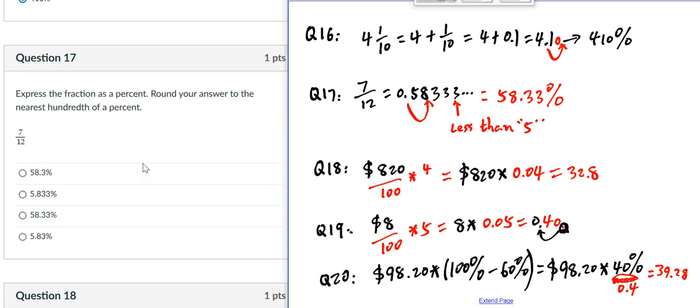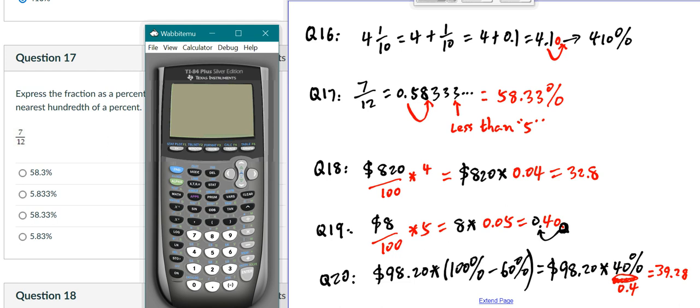Second question, 17. We want to express this fraction as a percent, and we want to round the answer to the nearest hundredth of a percent. We know 7 divided by 12. I have my calculator here. You may do 7 divided by 12. Hit enter.